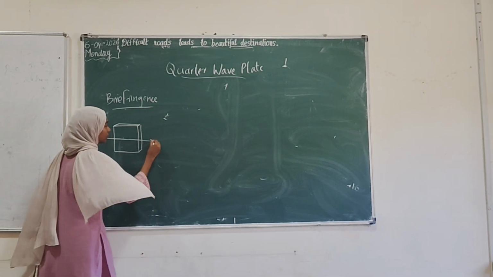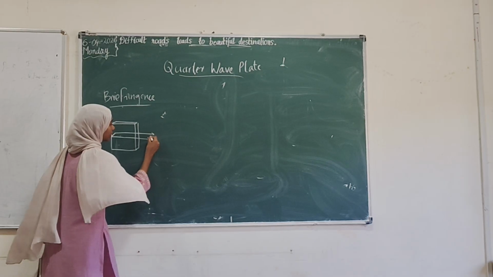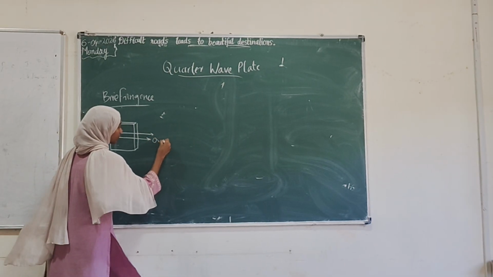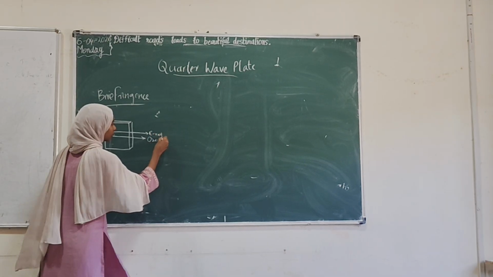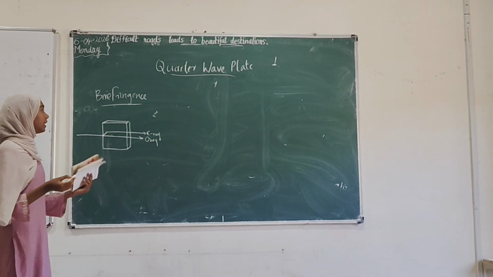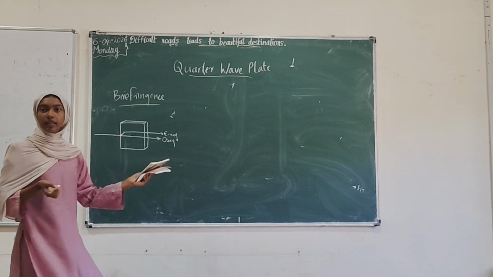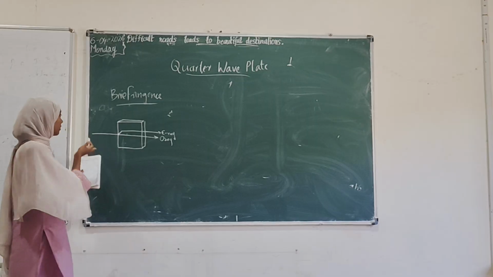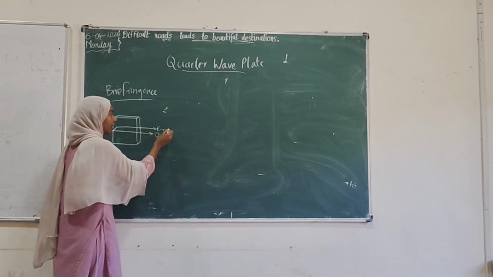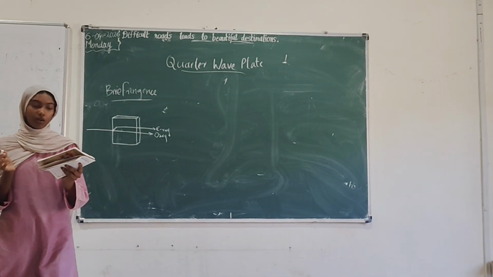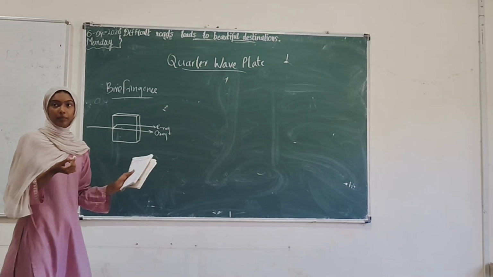One will be ordinary ray, the other will be extraordinary ray. This usually takes place because of the difference in their speed. The light will be split into two, one ordinary ray and the other extraordinary, because of the difference in the speed, and this causes a phase difference.